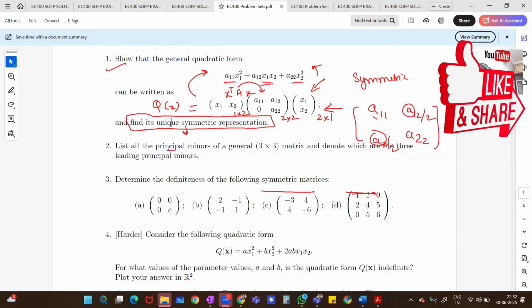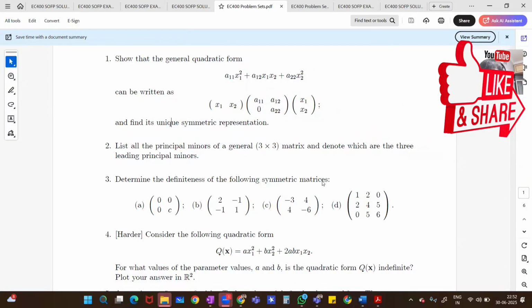Now it is asking me to list all the principal minors of a general 3 by 3 matrix. Can you read the second part? List all the principal minors of the general 3 by 3 matrix and denote which of them are the three leading principal minors.